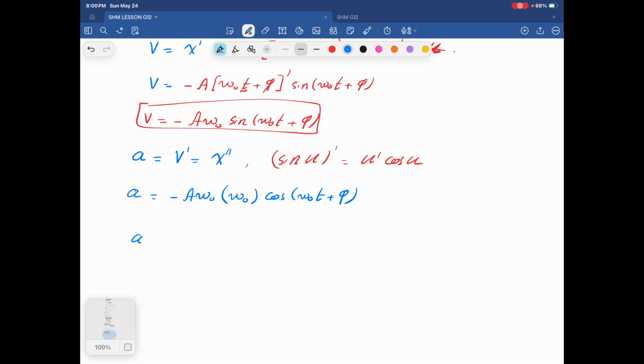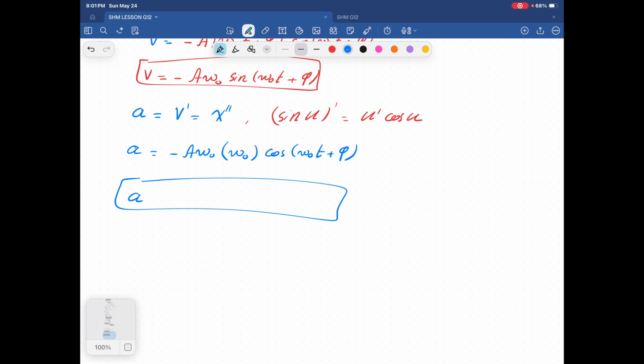So the acceleration is equal to minus a w0 squared cosine(w0t plus phi).